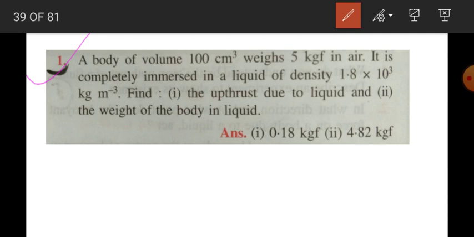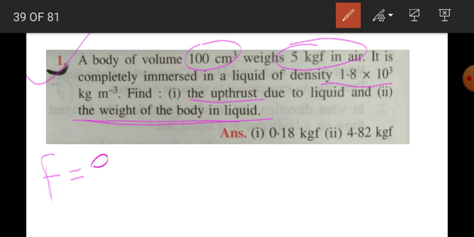Okay, a volume of 100 centimeter cube, weight in air is given, true weight is given, completely immersed in a liquid of density, liquid density is also given. We need to calculate the upthrust and weight of the body in the liquid, means apparent weight. So what is the first formula for the upthrust?